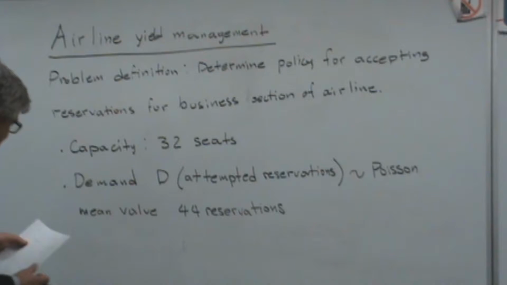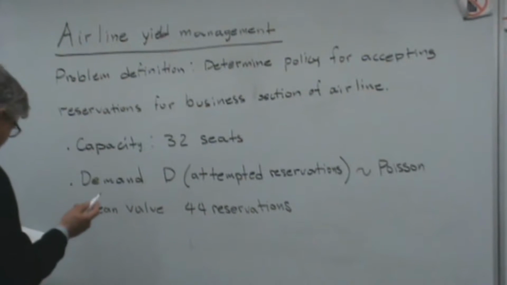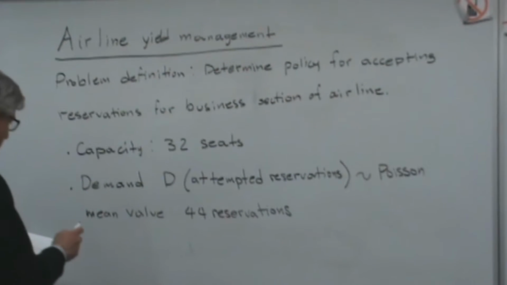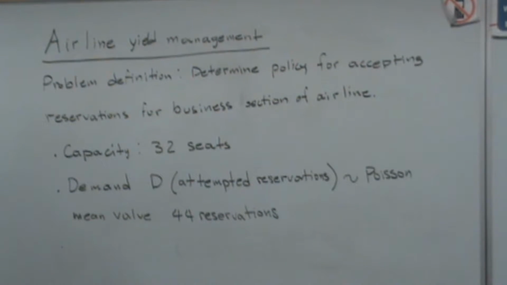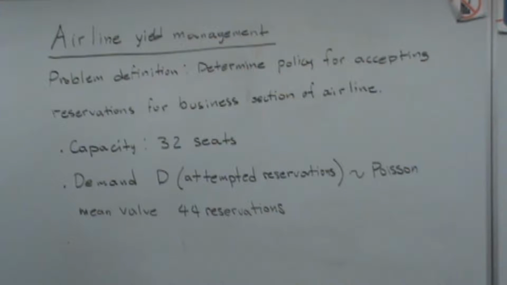Okay, now here is the problem. Some people who make reservations don't show up. Okay, so the probability that the customer who made reservations will show up is 80%. The rest of the probability, 20%, is the probability not to show up.